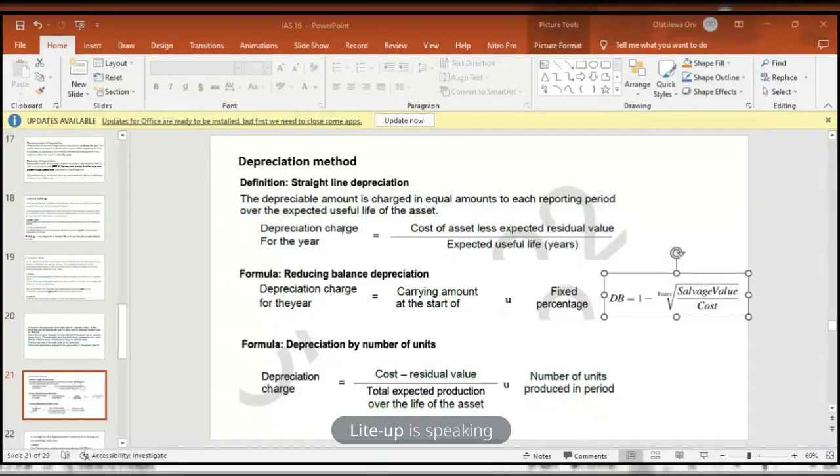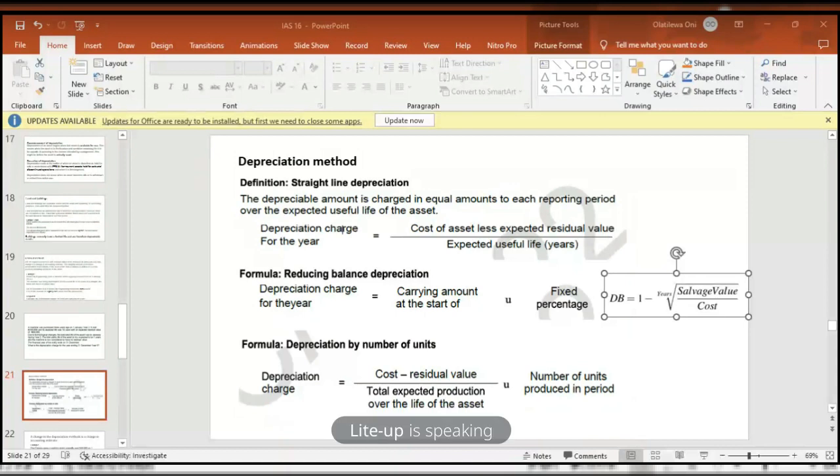So we have the number of years also put here, and then we have depreciation charges. That's the only thing that will go to the statement of profit or loss, and that's going to be the annual depreciation, which for the first 3 years is going to be this.